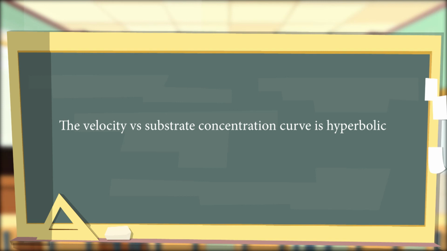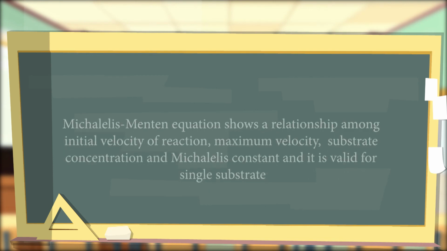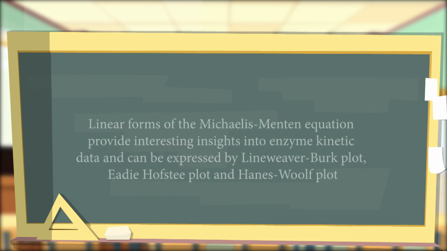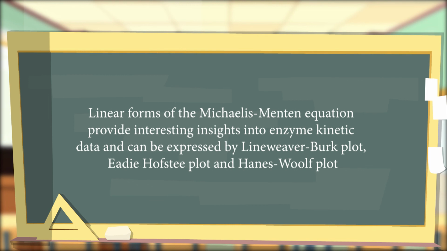The velocity versus substrate concentration curve is a rectangular hyperbola. The Michaelis-Menten equation shows a relationship among the initial velocity of the reaction, maximum velocity, substrate concentration and Michaelis constant. It is valid for a single substrate. The linear forms of the Michaelis-Menten equation provide interesting insights into enzyme kinetic data and can be expressed by the Lineweaver-Burk plot, Eadie-Hofstee plot or Hanes-Woolf plot.